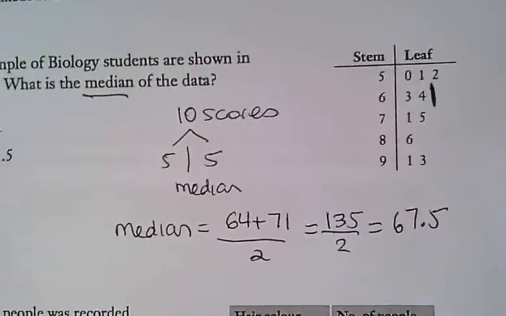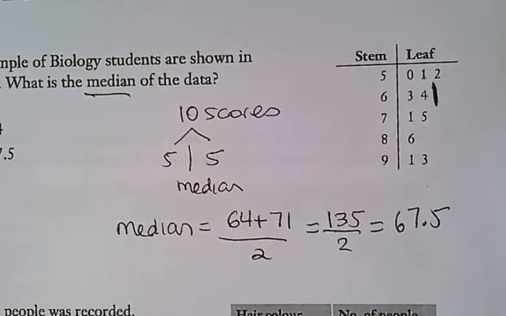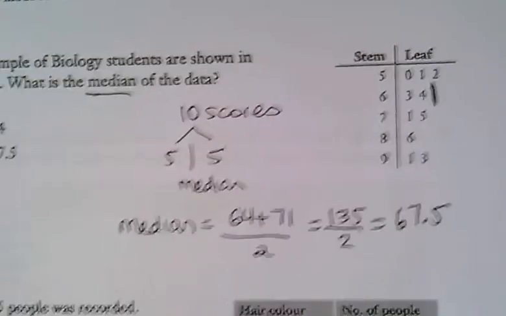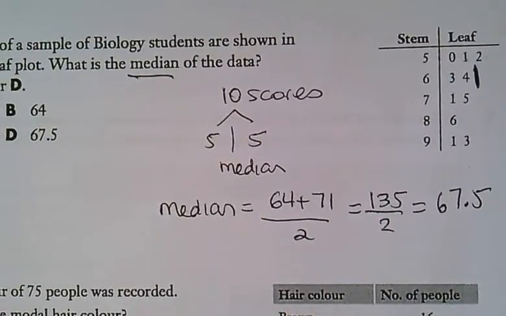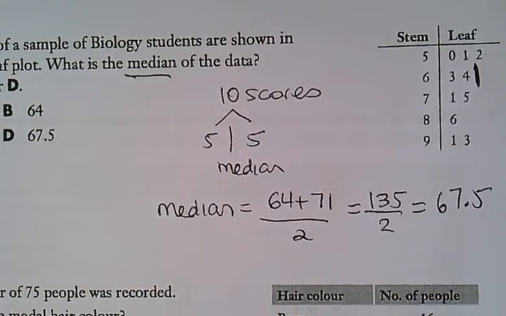That is the median. 10 scores, put half on the left, half on the right, and a line down the middle. If there were, say, 11 scores, you'd be able to pick the middle one out. I'm sure we'll come across odd number ones. When there's an even number of scores, you've always got to average the middle two.